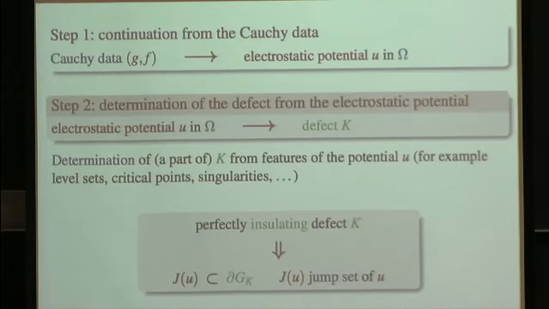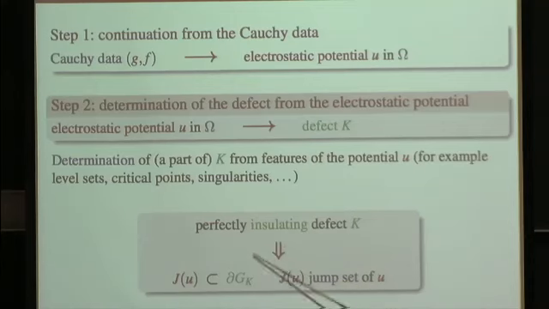Okay, in particular, what is the idea here? The idea is, since this defect is insulating, what is happening to the potential is that usually it's jumping across the defect, and so you want to exploit that.